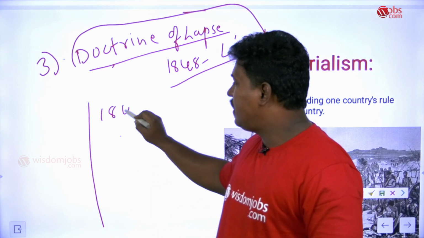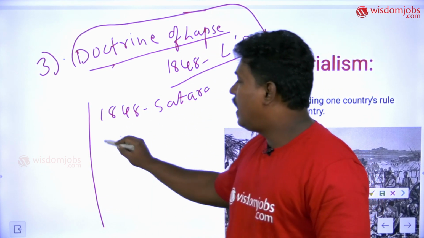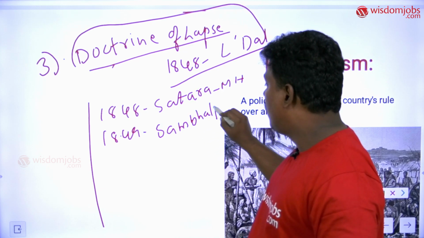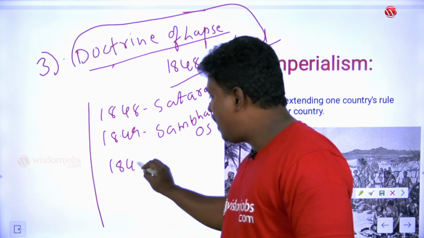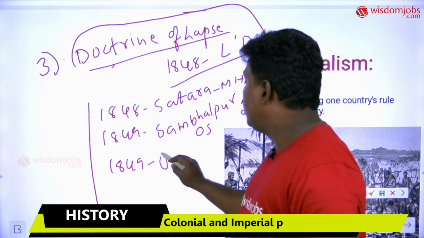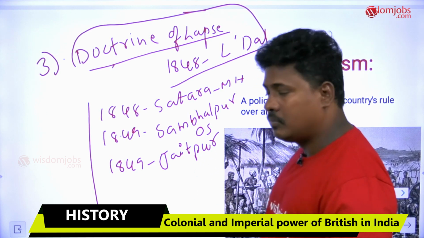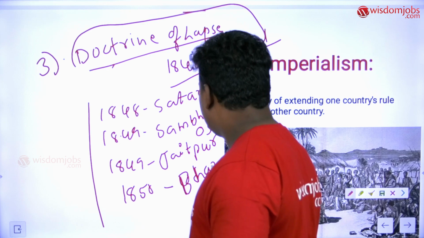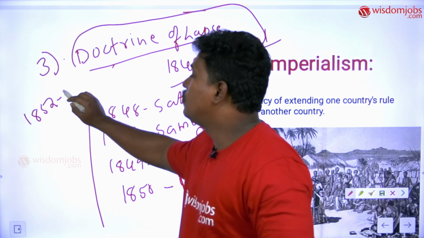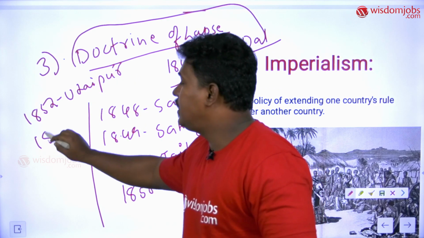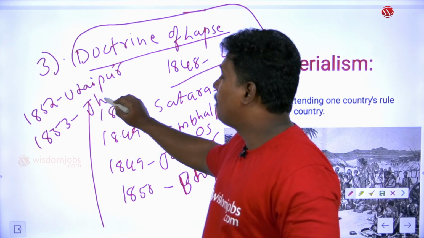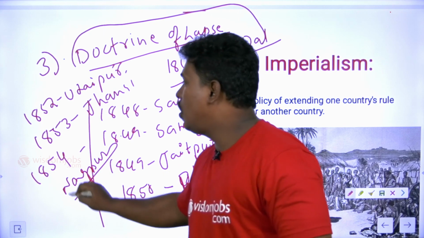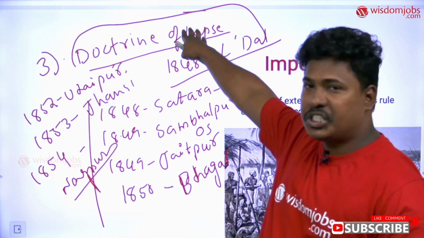According to this, in the year 1848, Satara, and next 1849, Sambalpur, Satara from Maharashtra, Sambalpur from Odisha, and next in the same year, Jaithpur from Bundelkhand, next in the year 1850, Bhagat, next 1852, Udaipur, and next 1853, Jhansi, 1854, Nagpur, this all came under the control of British on the pretext of Doctrine of Lapse.